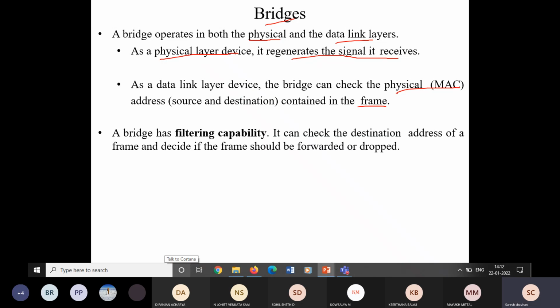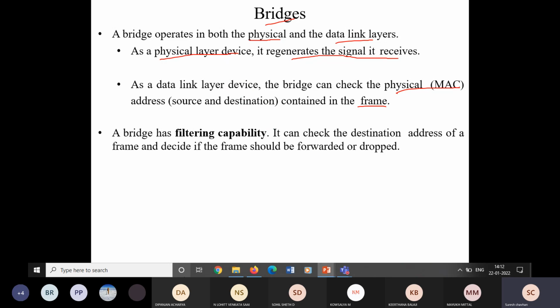Another specialty of the bridge is the filtering capability, right? It will filter out the unnecessary data which would be sent to the other devices, correct? In the previous class I was talking about the hub, right?